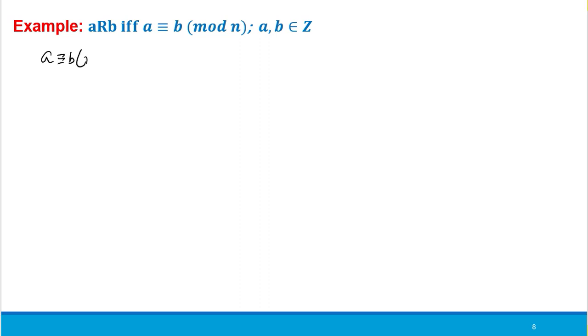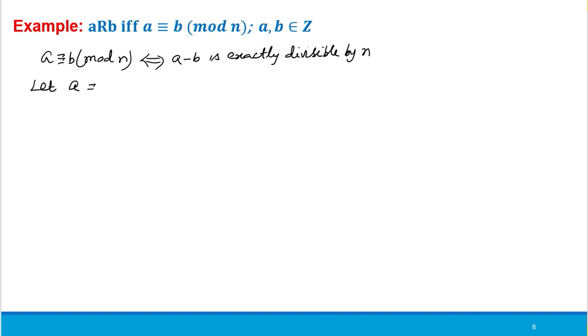I am just going to explain a bit. A is congruent to B mod n simply means that A minus B is exactly divisible by n.